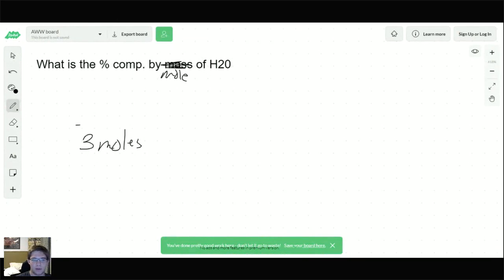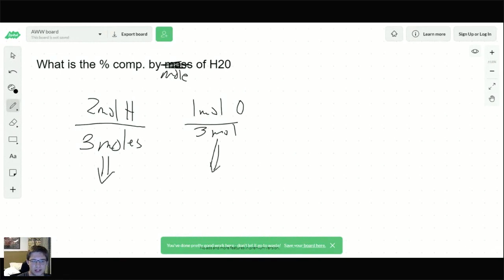We see that when we divide by 2 moles of H, we get that from the 2. And then we have 1 mole of oxygen over 3 moles. So the percent composition by mole is going to be 66.6 repeating percent hydrogen and 33.3% oxygen. Does that make sense?